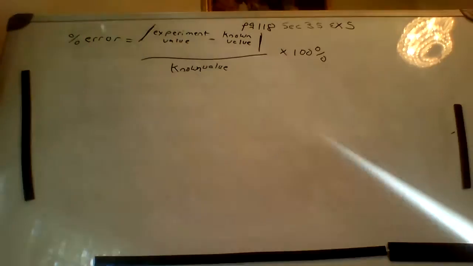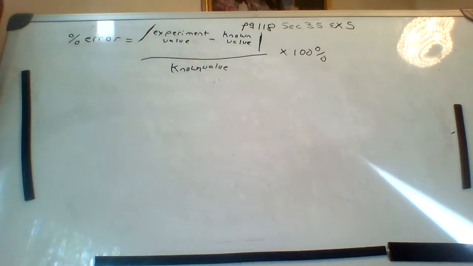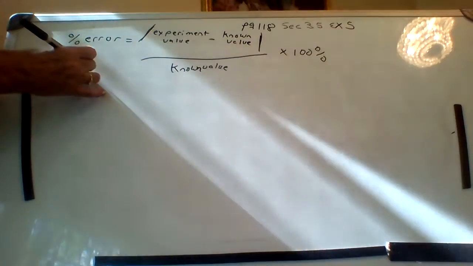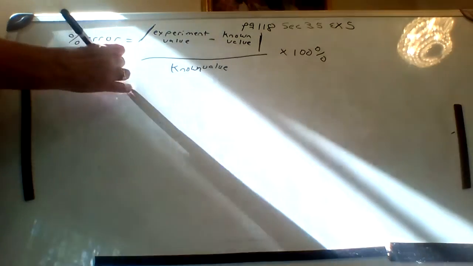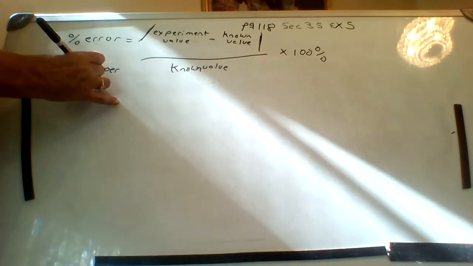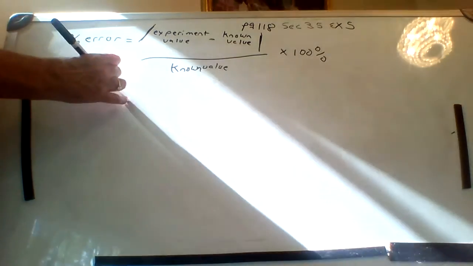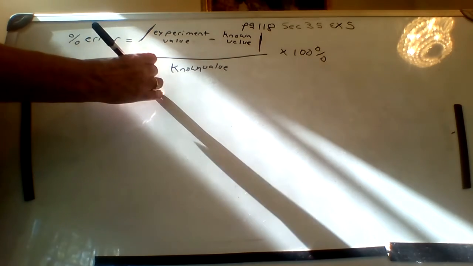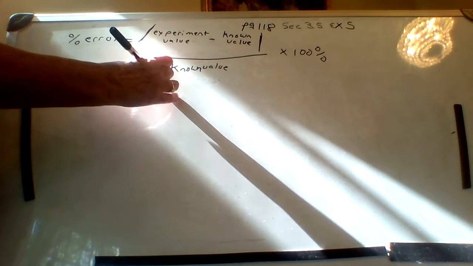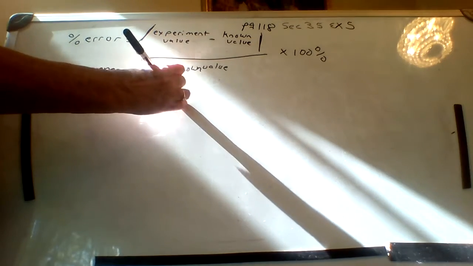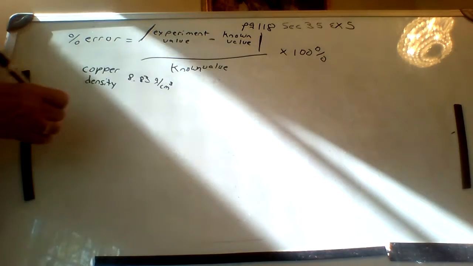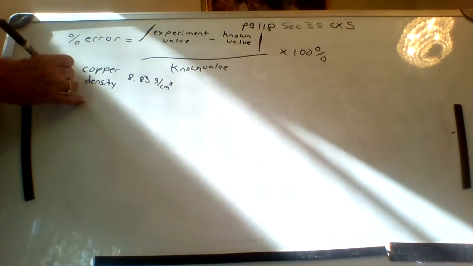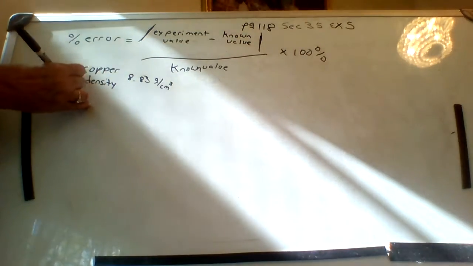So if we look at example 5, it says, in chemistry class, Jonah determines the density of copper to be 8.83 grams per centimeter cubed. So he did his experiment, and he found the density of the copper to be 8.83. This is the experiment's results, all right?